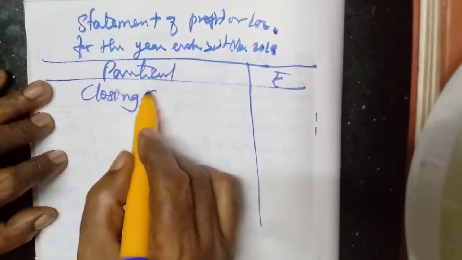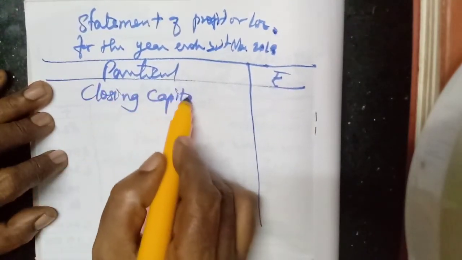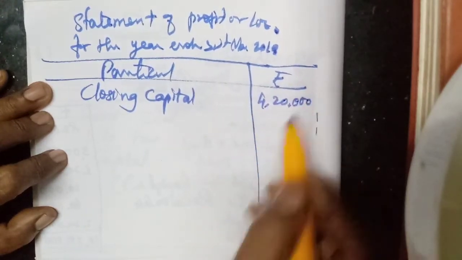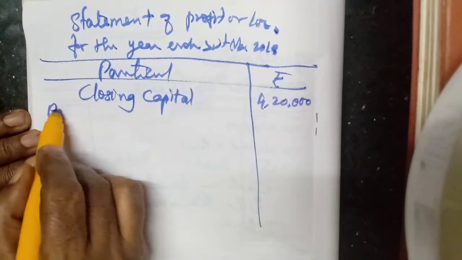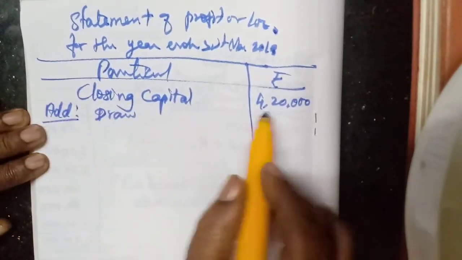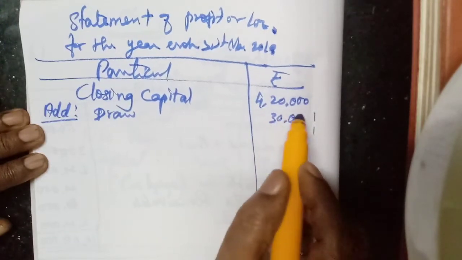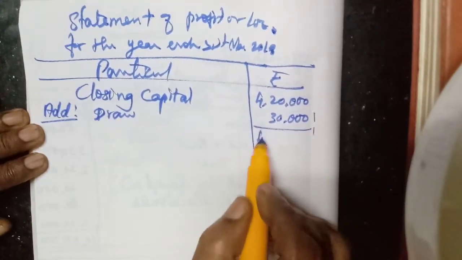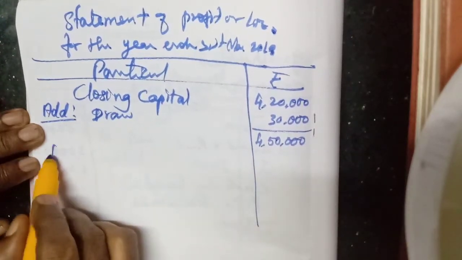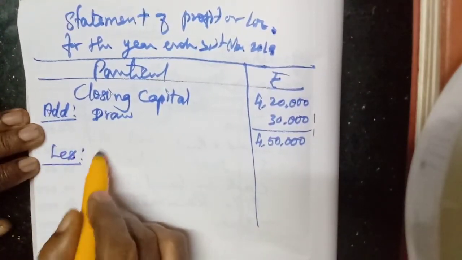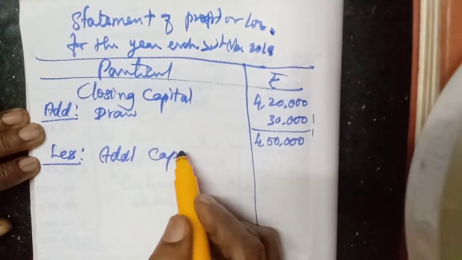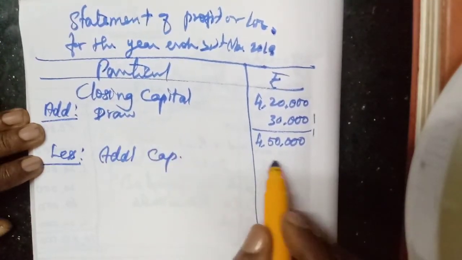Okay, first closing capital. Now we have calculated what is the amount? 4,20,000. Along with this one, add drawings. How much drawing? 30,000. So 4,50,000. Then less additional capital. Additional capital 40,000.